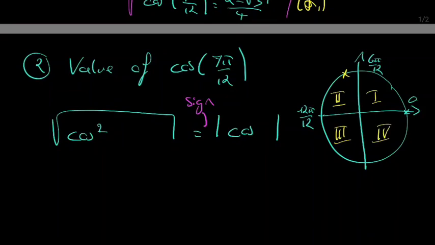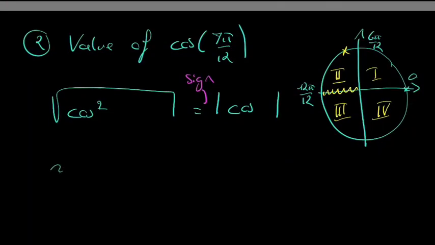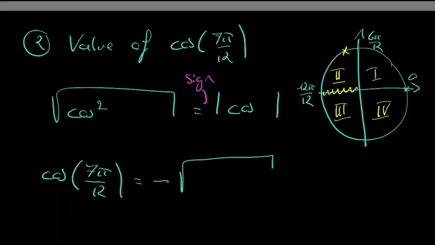We are in the negative part of the cosinus. So the value of cosinus of 7 pi over 12 would be equal to minus, because our cosinus is negative, the square root of cosinus squared of 7 pi over 12.